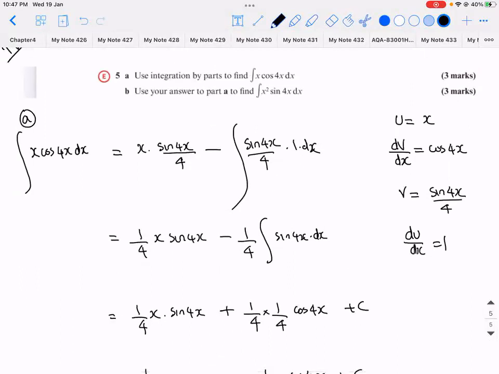Now use your answer to part A to find the integral of x square sine 4x.